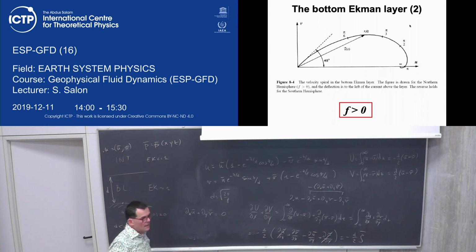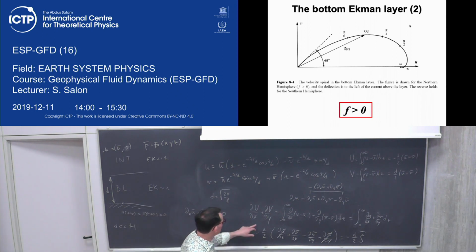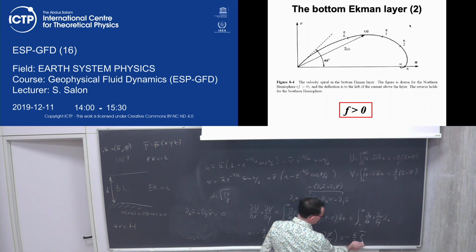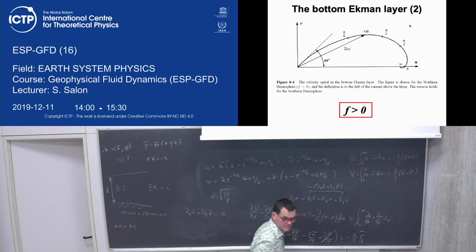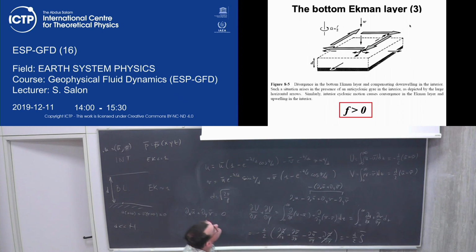But this doesn't have any problem with having a vorticity. So we are saying that there is a divergence. So this is positive when we have negative vorticity. And we will have a convergence in the opposite case. So we can have two cases.